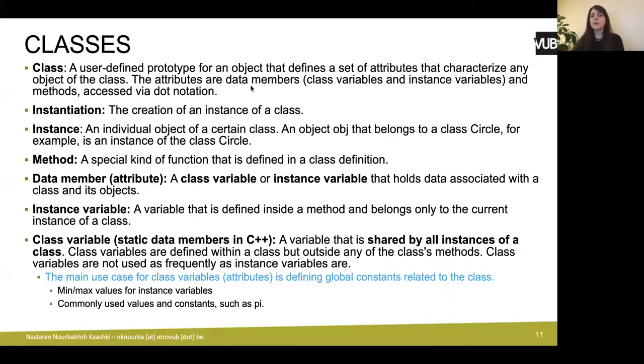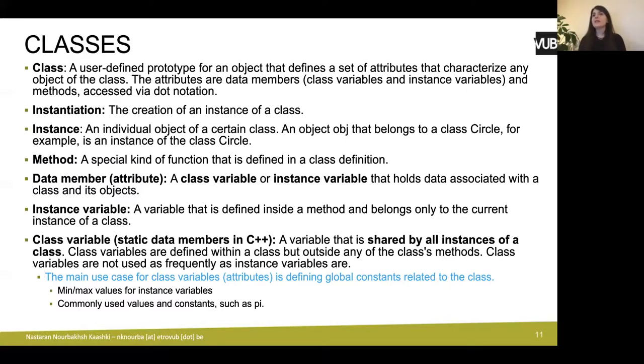And the attributes are data members and methods, and the data members are class variables and instance variables. And to access them, we can use the dot notation.